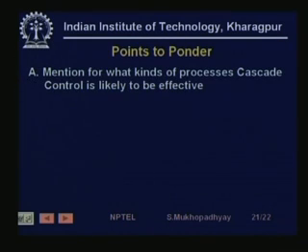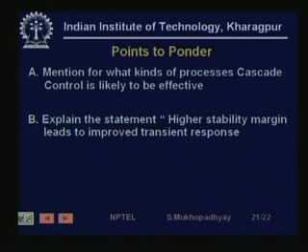Mention for what kind of processes cascade control is likely to be effective. Take some examples and examine how the two subsystems should be such that control is effective. Why does a higher stability margin lead to improved transient response?